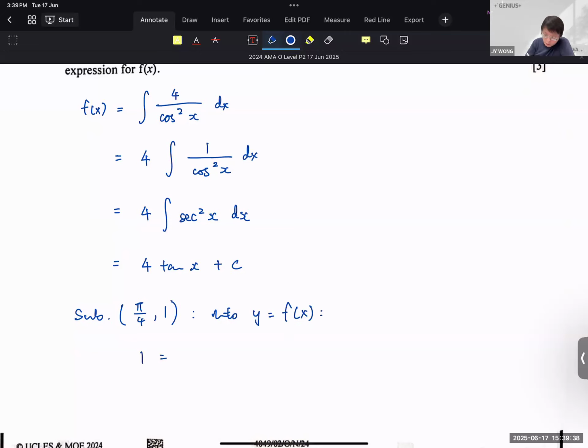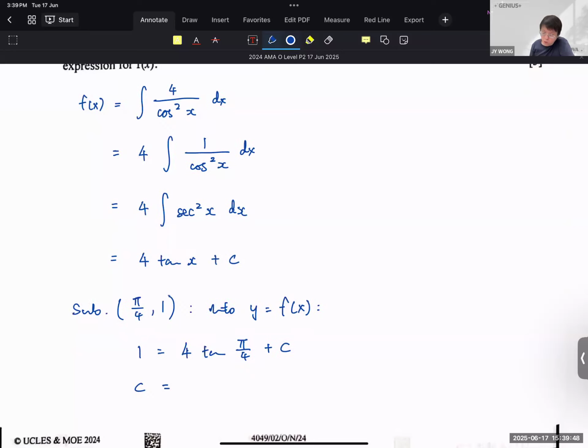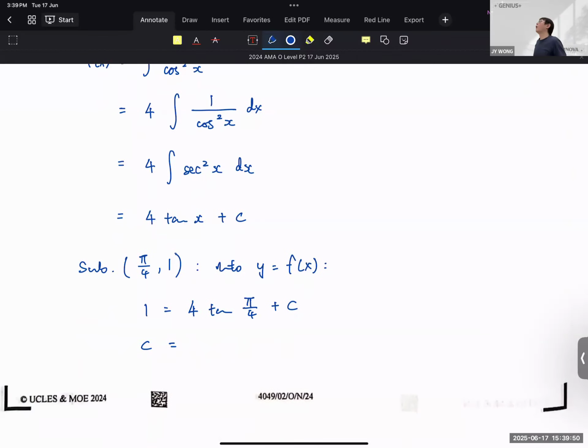So you will get 1 equals 4 tangent (pi over 4) plus c. And therefore, c is equal to, what is pi over 4? Pi is 180, right? 180 over 4 is 45 degrees.